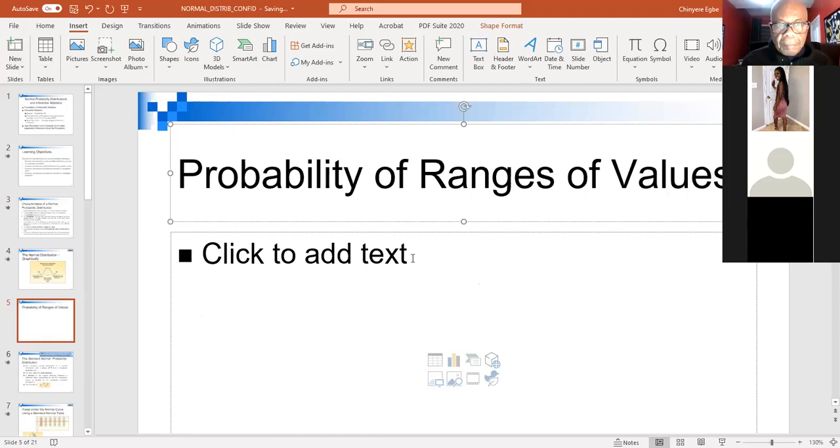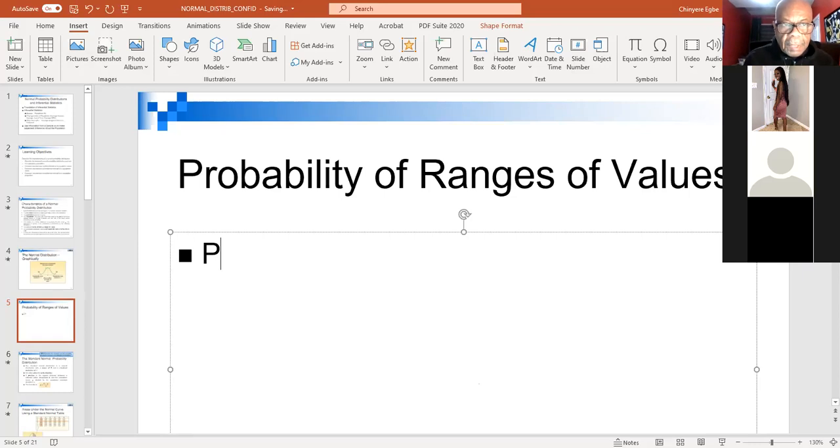For example, what is the probability that a random variable is greater than 6 but less than 8? Let us think about how much you spend on lunch.